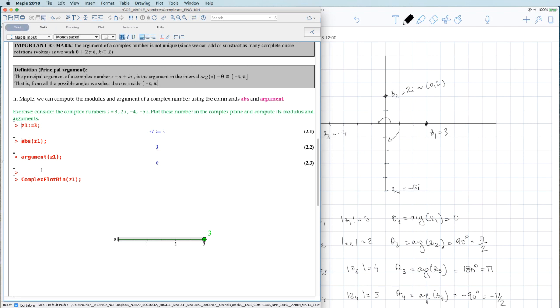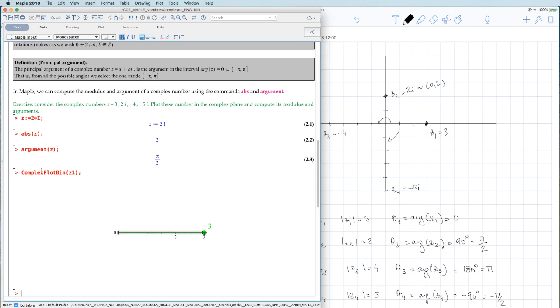Let's just do it in here. So let's just put Z so that we can change it for all of them. So now Z is going to be 2i, distance 2, modulus 2, argument pi over 2. If we plot it, we have an angle of 90 degrees.